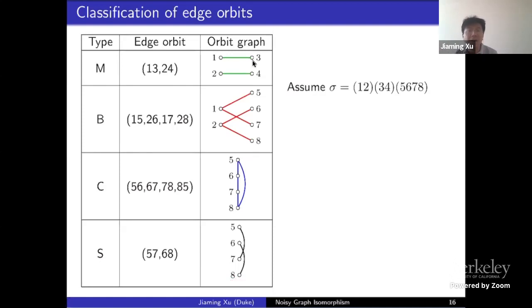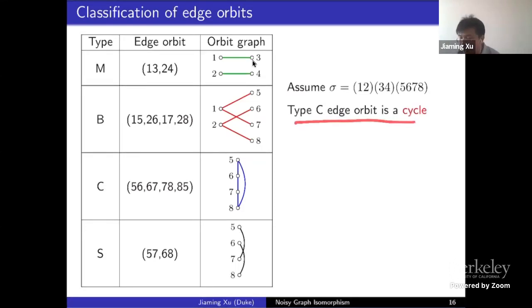After identifying these different types of edge orbits, we need to understand how they can co-occur in the graph under the pseudoforest constraint. The first thing is that the type C edge orbit is already a cycle, as you can see here. So under the pseudoforest constraint, you cannot have multiple type C edge orbits within the same component.